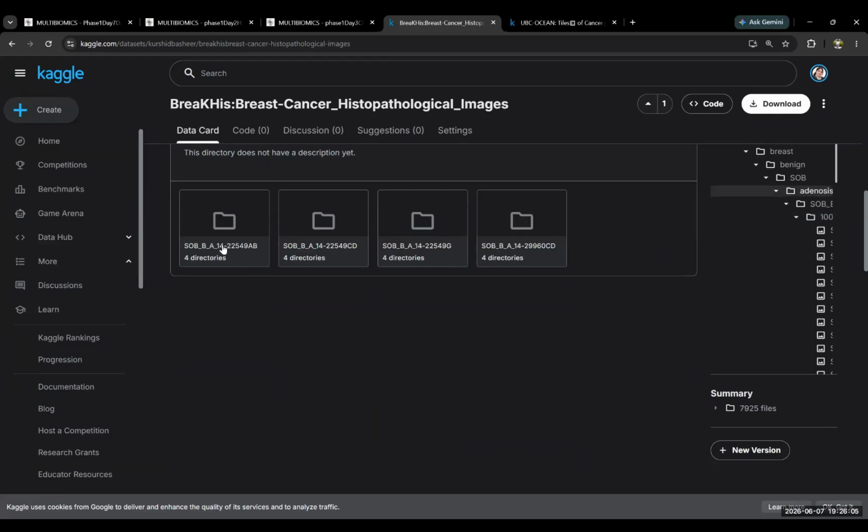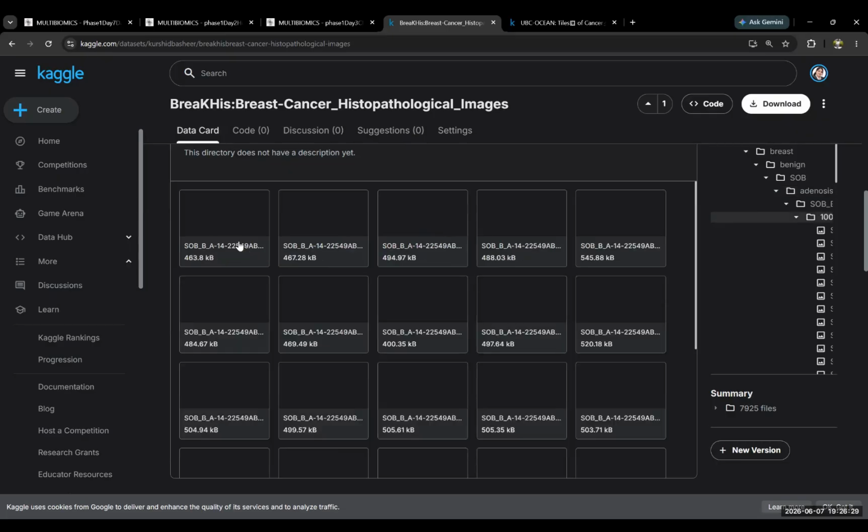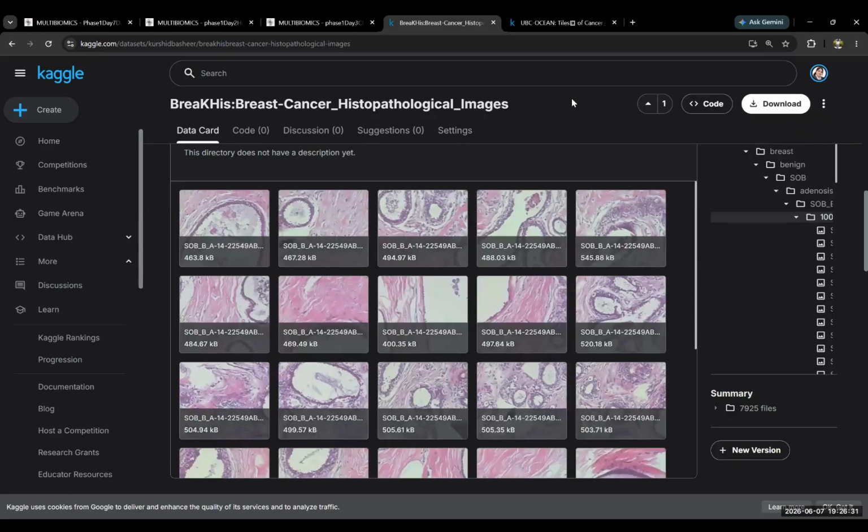So SOBBA14, and after that we have 25549AB. This is the first patient ID. 22549CD is the second patient ID, and 22549G is the third patient ID. So patient IDs are different, and every patient doesn't have an equal number of images also. Now, if I open each patient, okay.